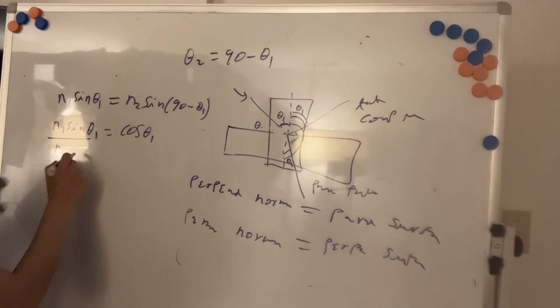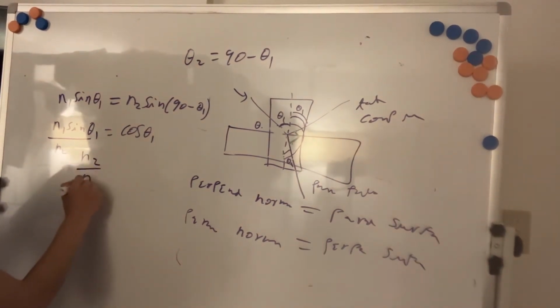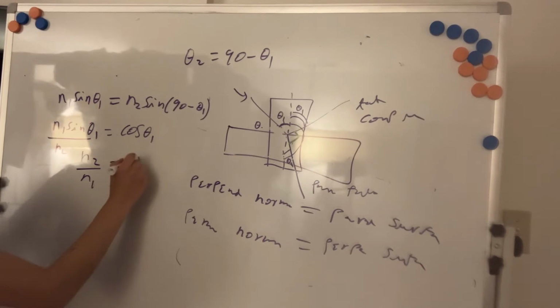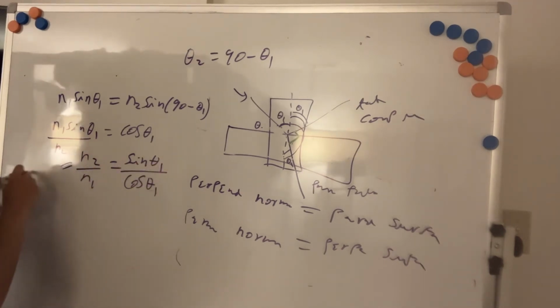So we have n1 over n2 is equal to, n2 over n1 is equal to sine of theta 1 divided by cosine of theta 1, and so this is the tangent of theta 1.